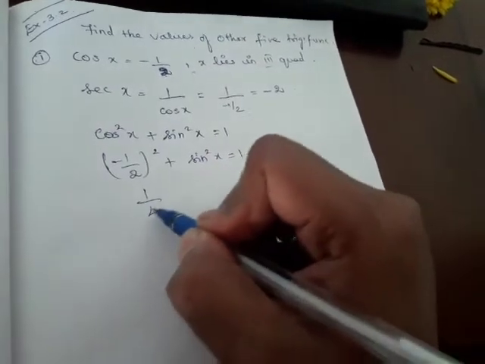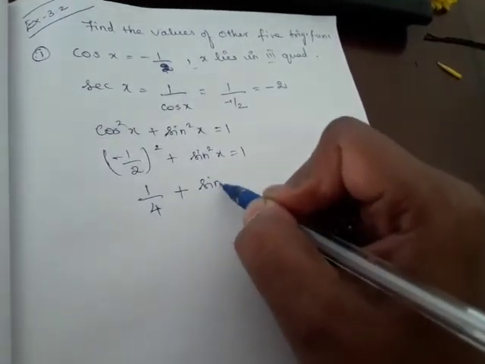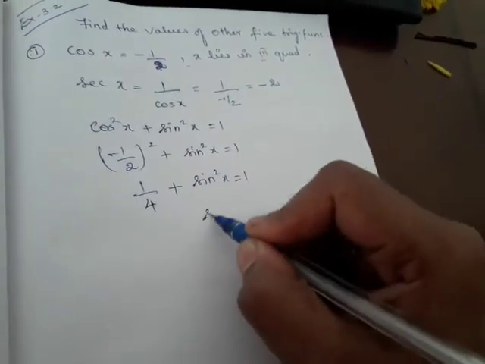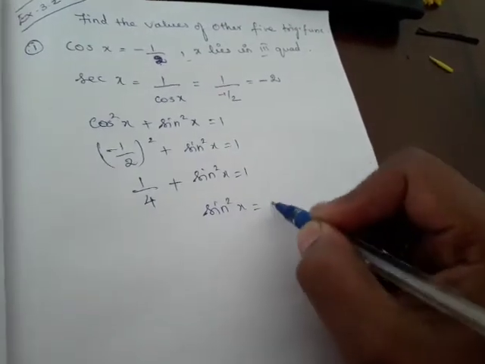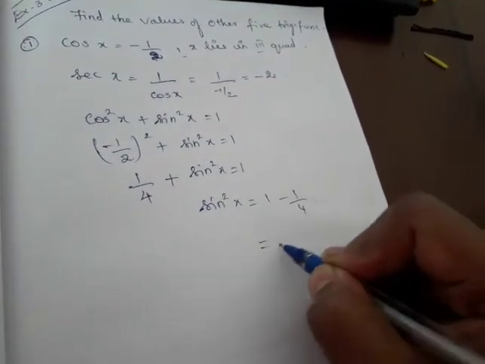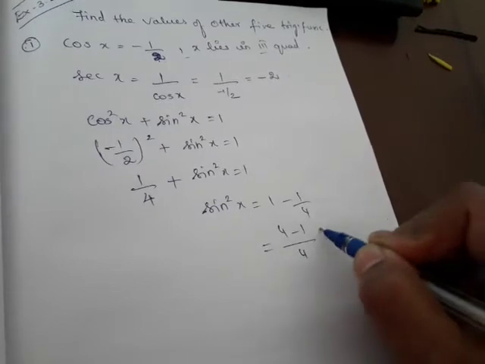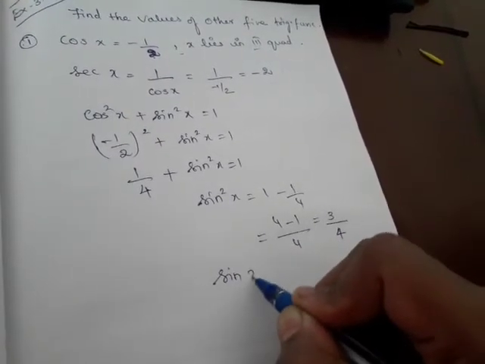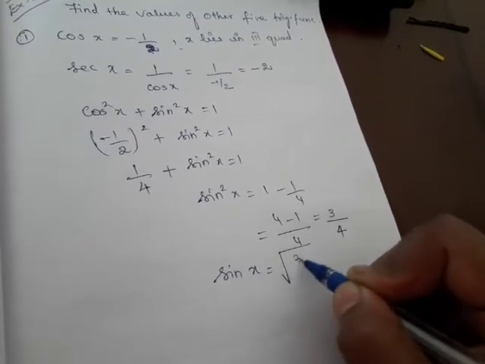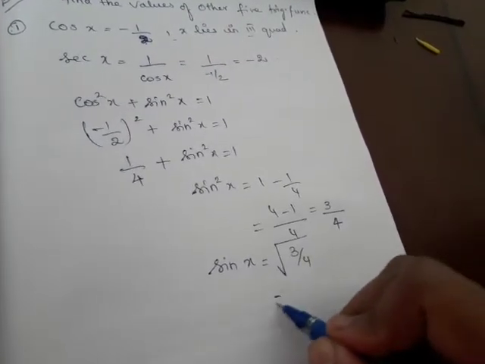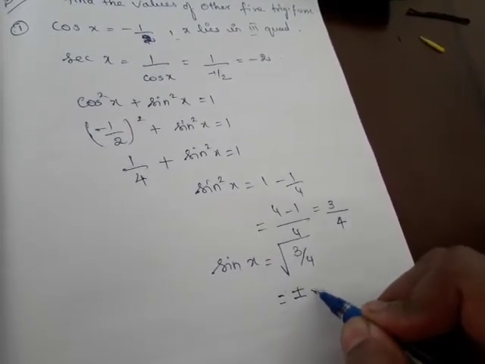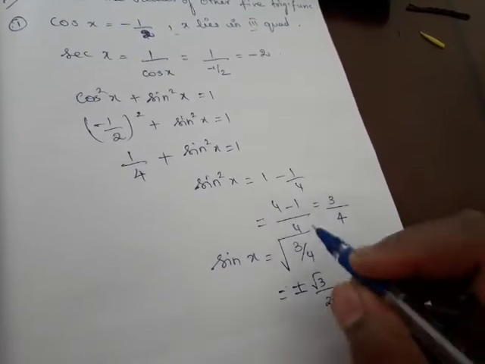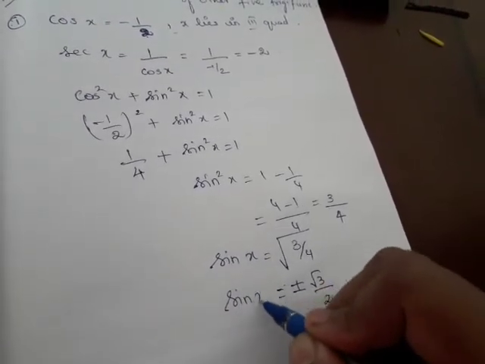So this is 1 by 4 plus sine square x equals 1. So sine square x equals 1 minus 1 by 4. If you take LCM, it will become 4 minus 1, which is 3 by 4. So sin x is the square root of 3 by 4, which equals plus or minus root 3 by 2, right? Plus or minus root 3 by 2.